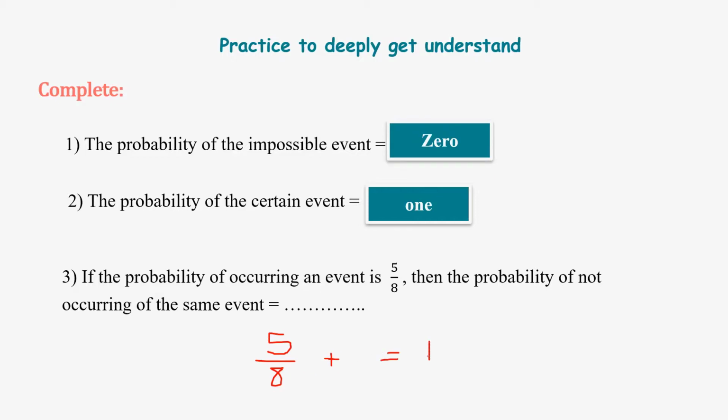Bravo, 3/8. So the probability of an event occurring plus the probability of the same event not occurring equals 1. So our answer here will be 3/8. Bravo.